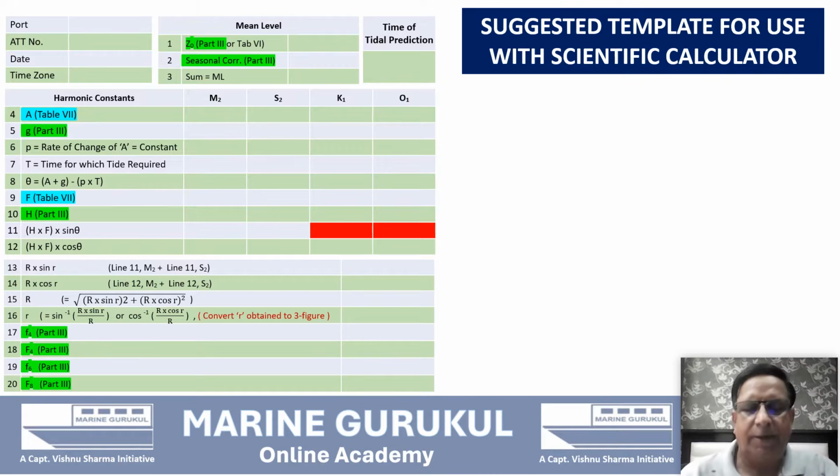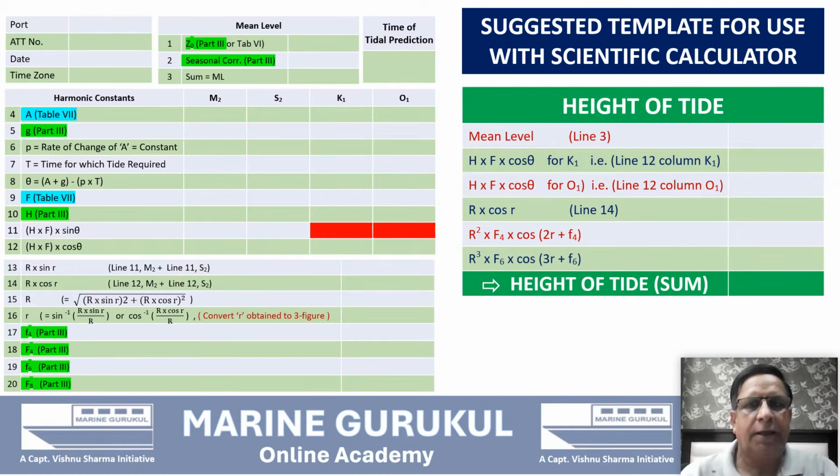And once this template is completed, then here we have the final template using which we shall be able to obtain the height of tide. And we shall now learn how each of these pieces of information required in this template is to be obtained or computed and filled in here.